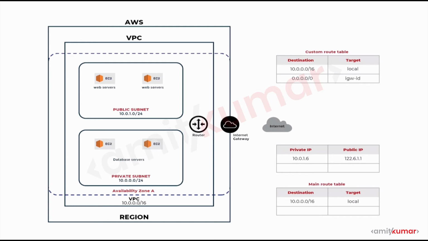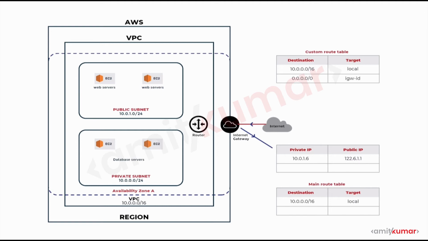So it first comes to the internet gateway. Internet Gateway plays a very important role. It has a mapping of all the public and private IP addresses for all the servers inside the VPC. So it consults a table. It checks if this public address has a private IP mapping.